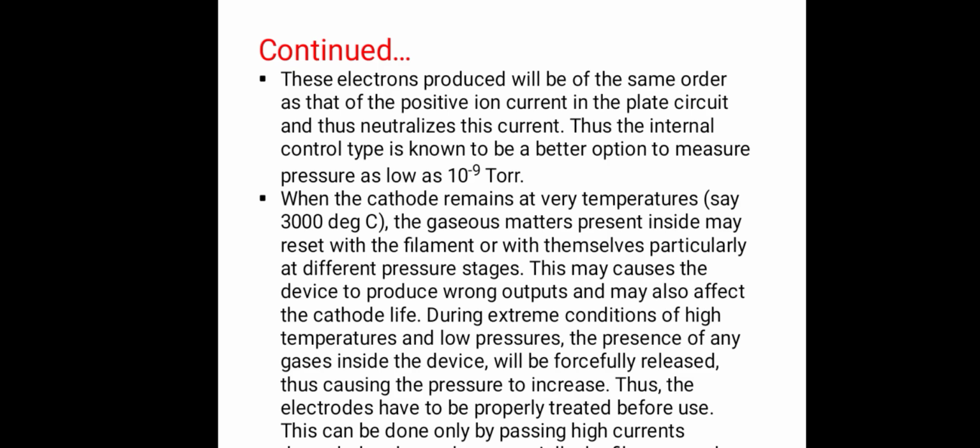Thus the electrodes have to be properly treated before use. This can be done by passing high currents through the electrodes, especially the filaments and the grid, and by high frequency heating of the plates. To overcome these problems, the cold cathode type ionization gauge is also used many times.